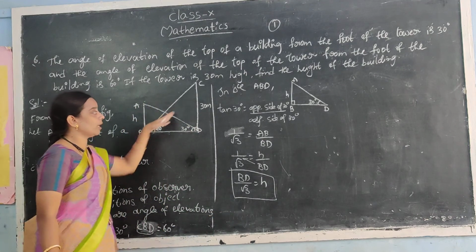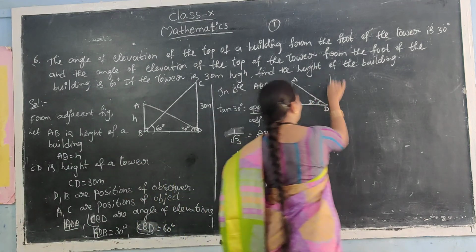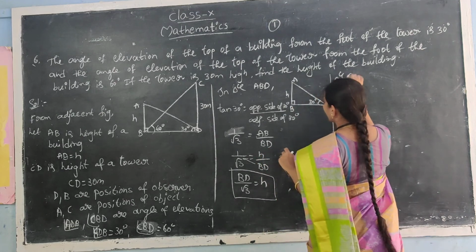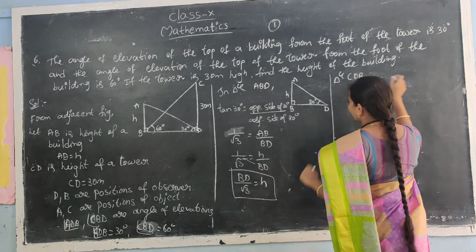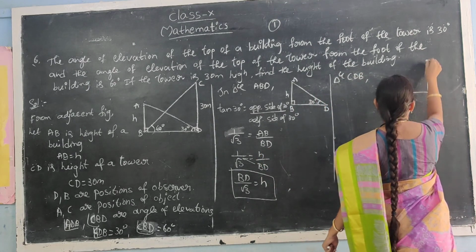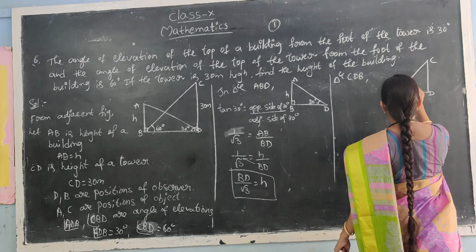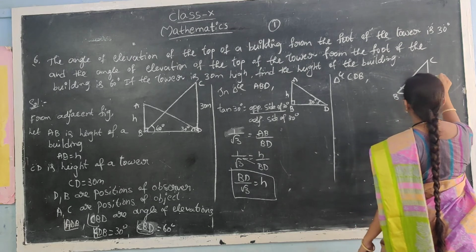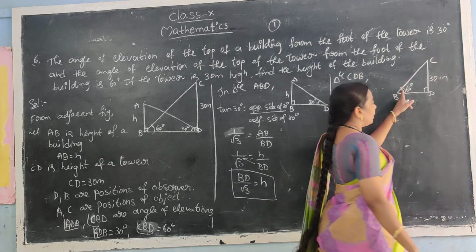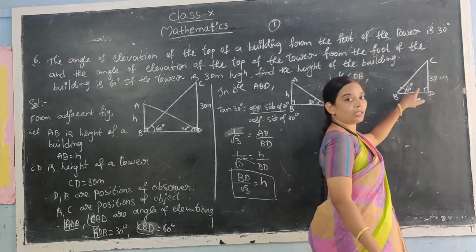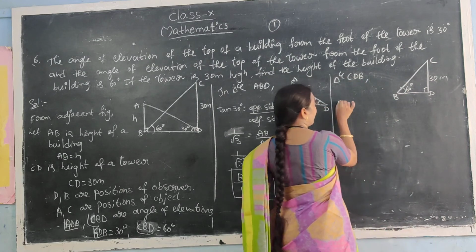Now take this triangle, which you can also separate. That is the triangle CDB. So draw it here. Here the angle is 60 degrees. The height is already given as 30 meters. Related to this angle, this is opposite and this is adjacent. Again we are taking tan.